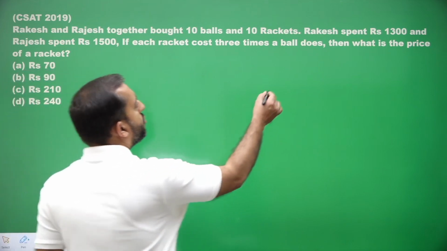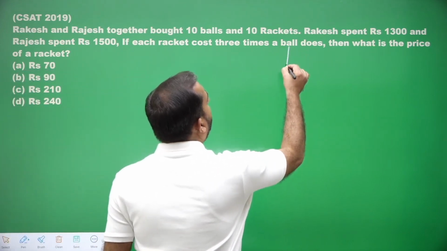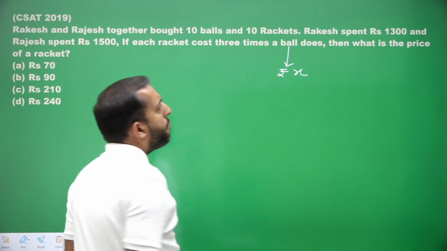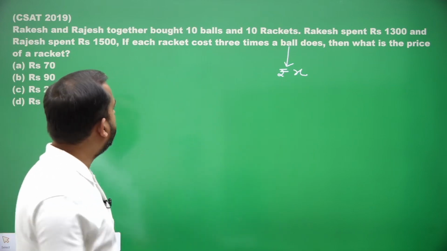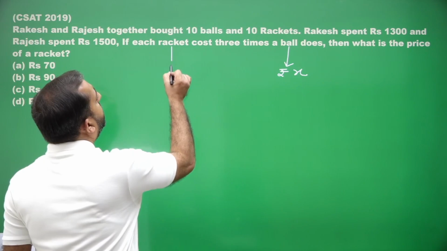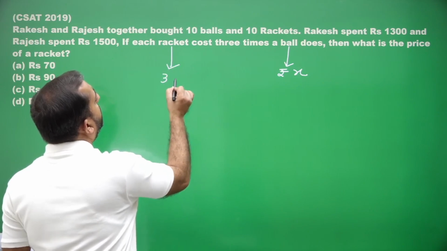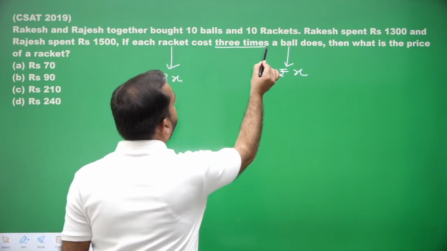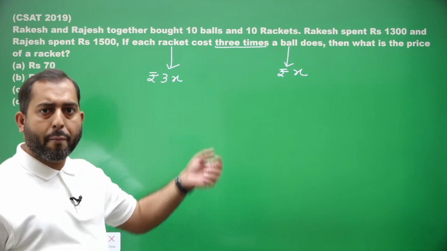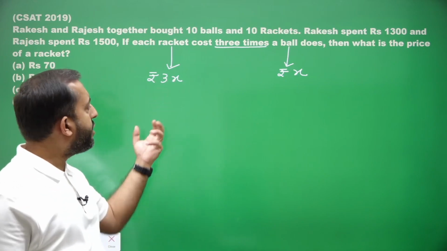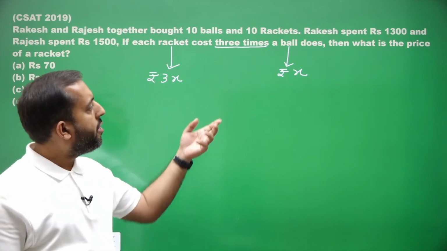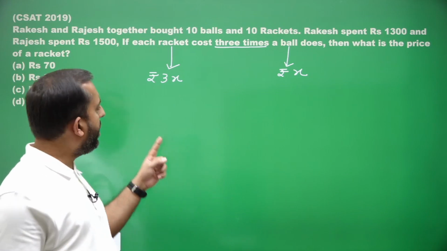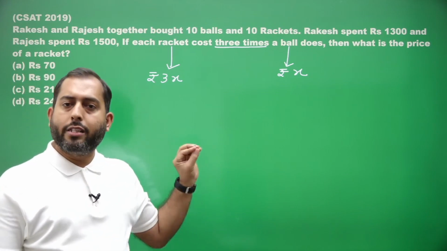Suppose the price of one ball is rupee X. Then the price of one racket should be rupee 3x, because the price of one racket is 3 times a ball. We are looking for the price of a racket, meaning we are looking for the value of 3x.